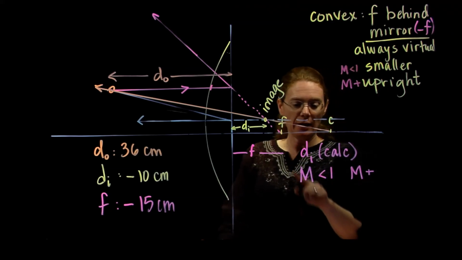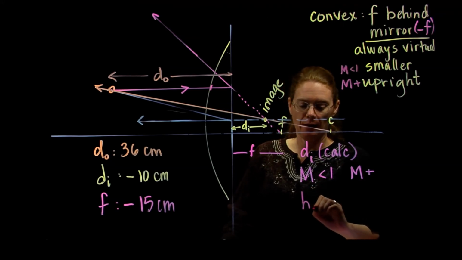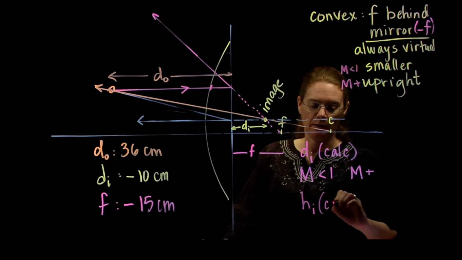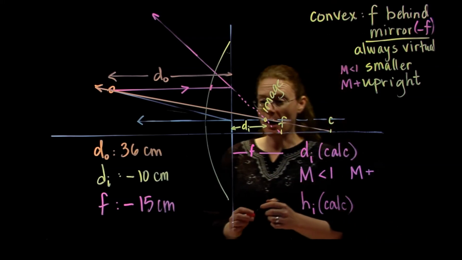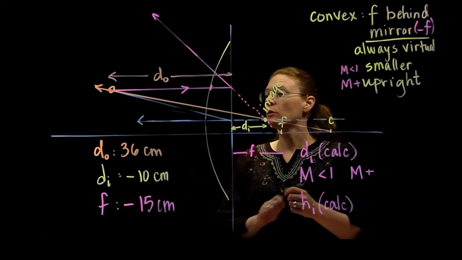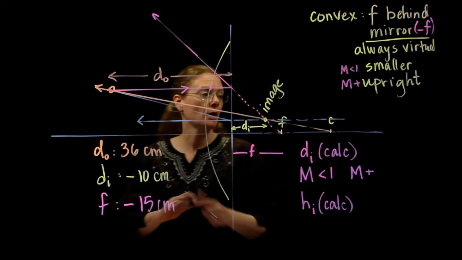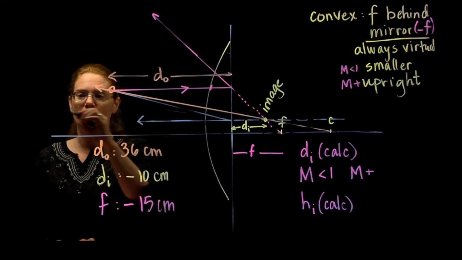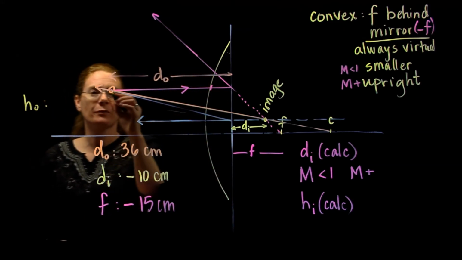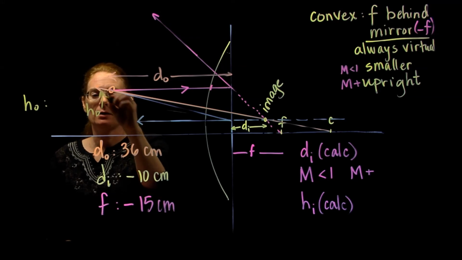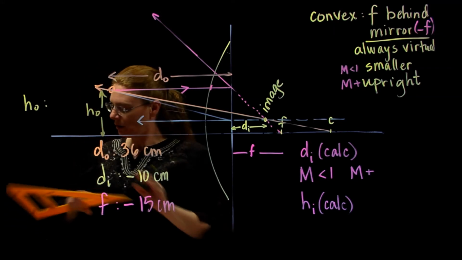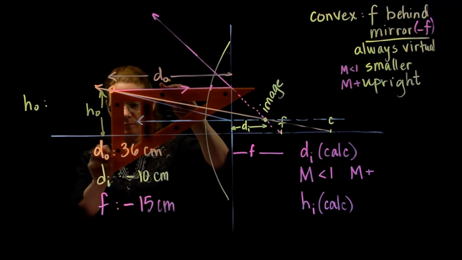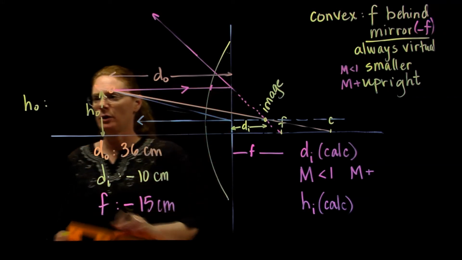Okay, so get DI, get our magnification, and then you can get your calculated HI once I show you what the object height is. HO is the height of the object, and that is 14 centimeters, it looks like.